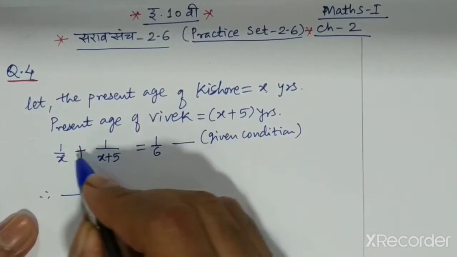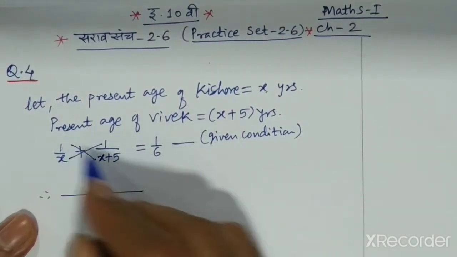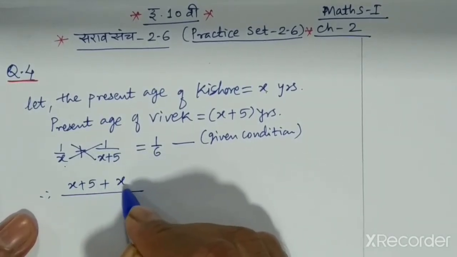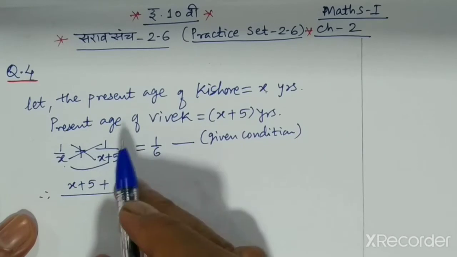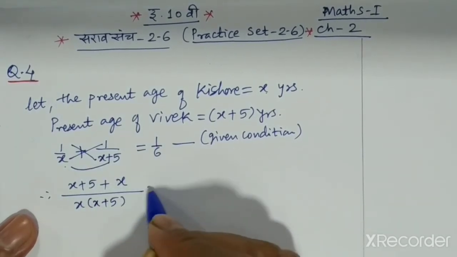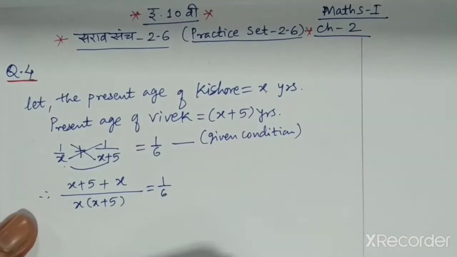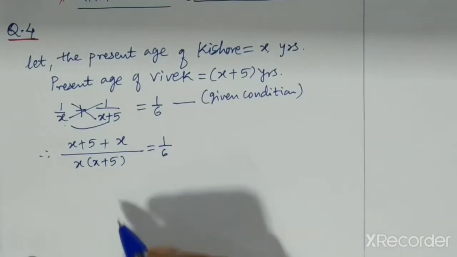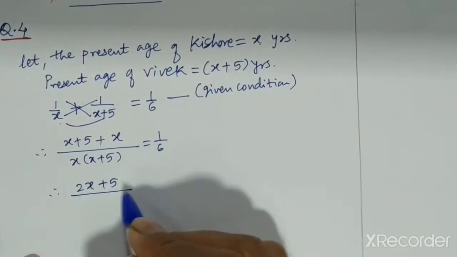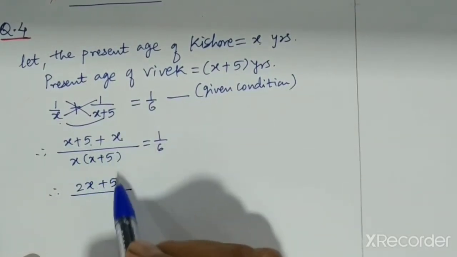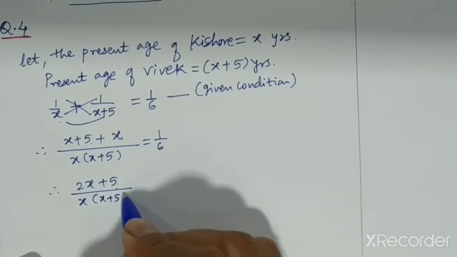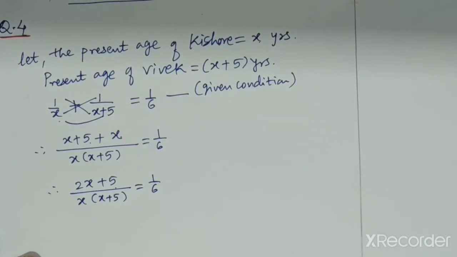Therefore, here cross multiplication: 1 into x plus 5 is x plus 5, plus x into 1 is x, and the product of the denominators will be x into x plus 5, is equal to 1/6. So therefore 2x plus 5, x plus x is 2x, plus 5 as it is, in the denominator x in bracket x plus 5 is equal to 1/6.